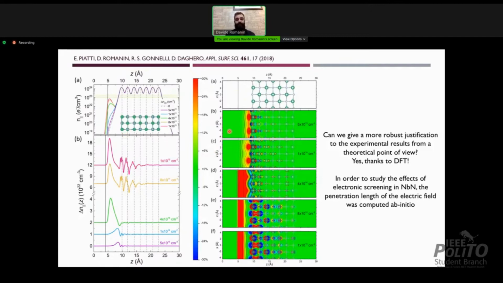However, when we go to a higher doping regime, the charge penetrates inside the system, breaking the Thomas Fermi approximation. Indeed, this is caused by a sort of polarization of atomic orbitals.